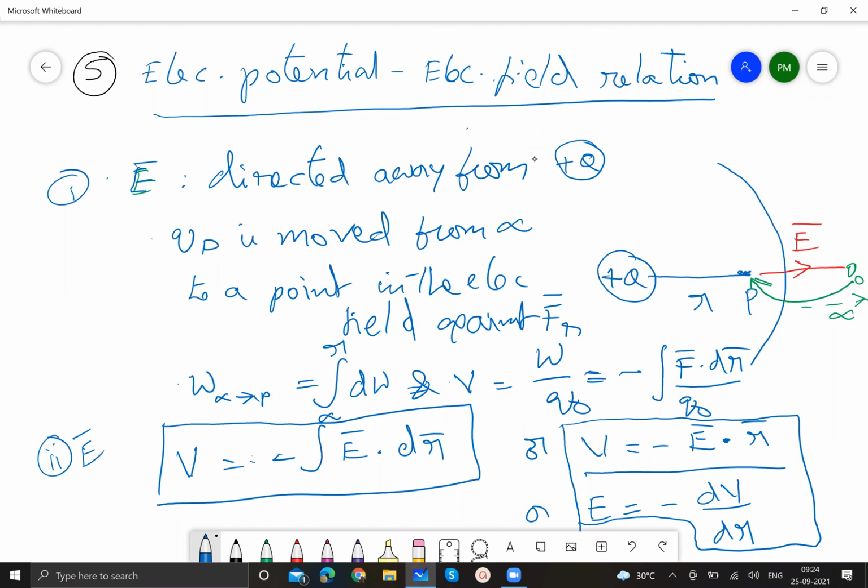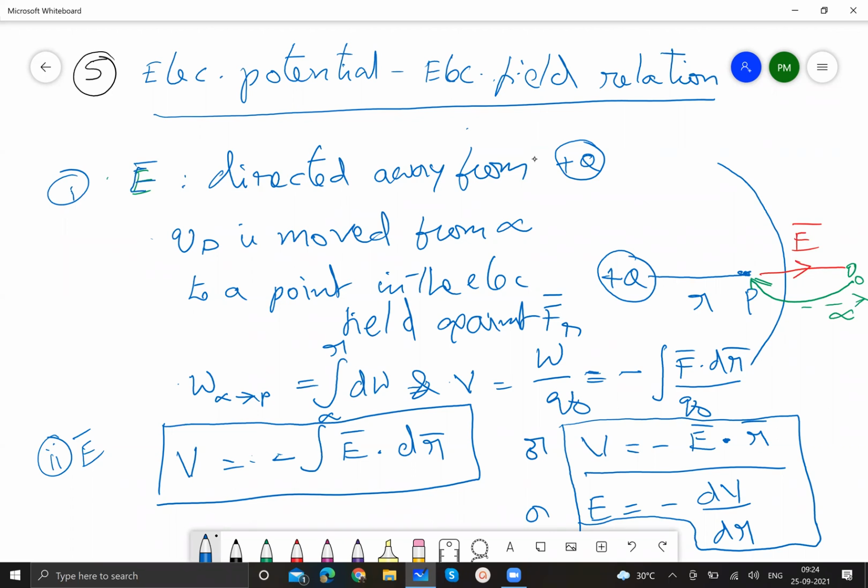Conceptual questions may come based on these points. NCERT filtered concepts, you can say.